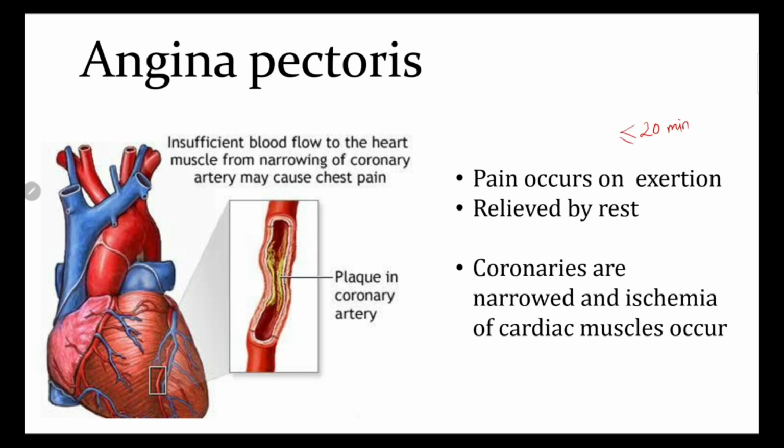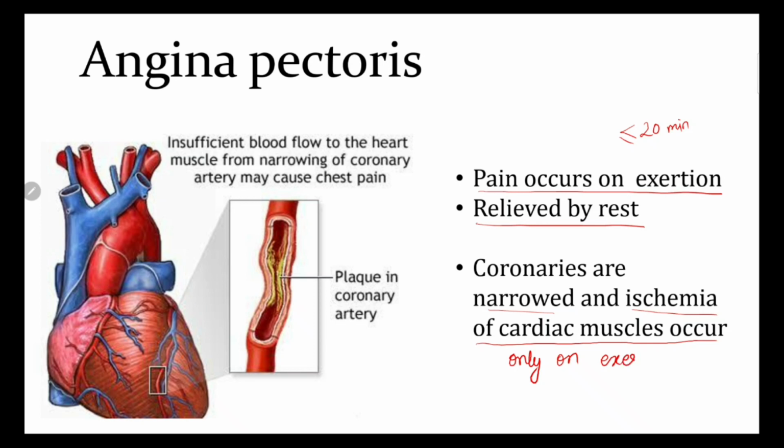But in angina pectoris, pain occurs on exertion and relieved by rest. This is because the coronary arteries are so narrowed that the ischemia of the cardiac muscle occurs only on exertion.